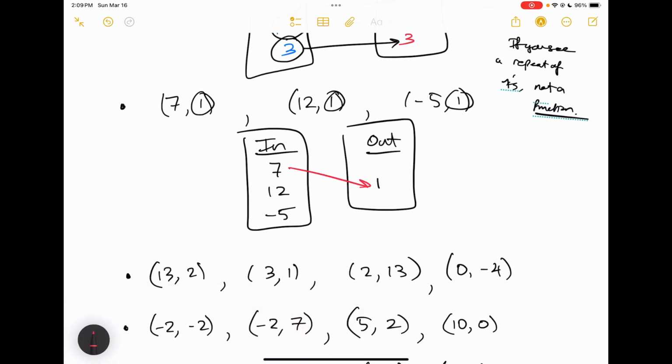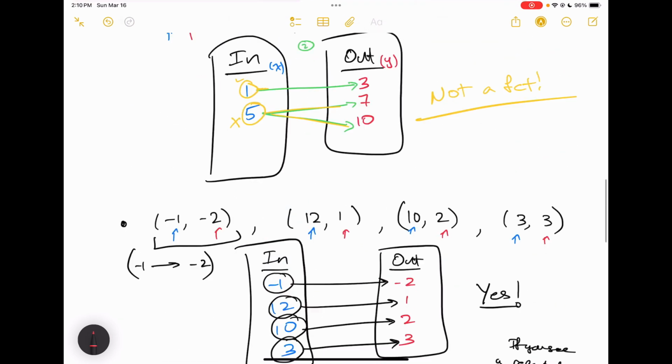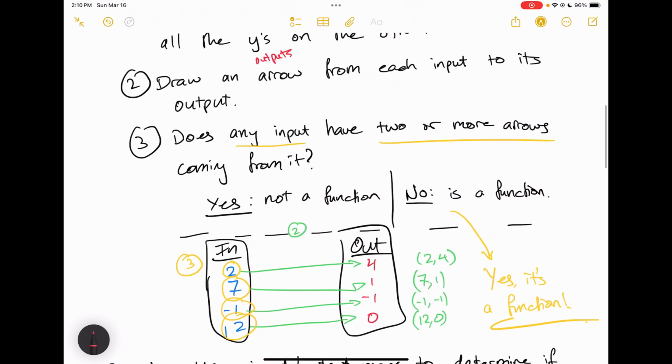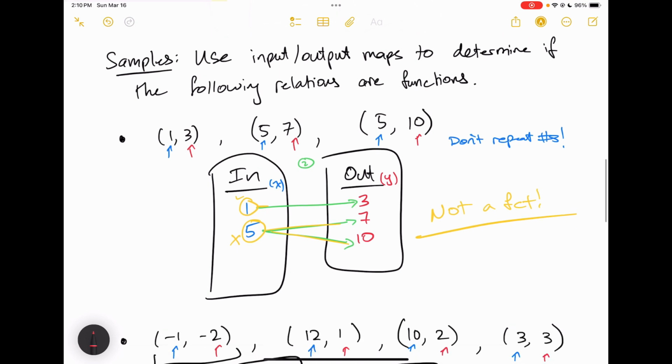Let's draw arrows. All of them output 1 in this case. So each one of them has an arrow going to 1. We see that 1 has 3 arrows going into it. But does that disqualify it from being a function? No. Notice here in the instructions, when we talked about the question for step 3, does any input have 2 or more arrows coming from it?